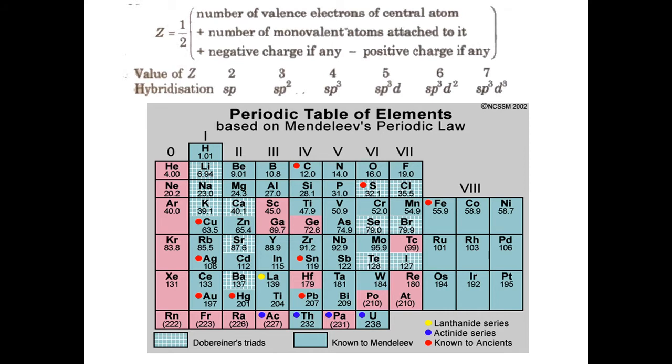Here we are not considering d block elements; we are considering main block elements, s block and p block. For example, for sulfur you will get 6 valence electrons. For noble gases we need to keep in mind that it will be 8.